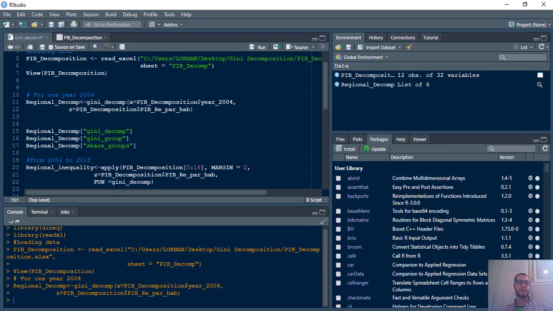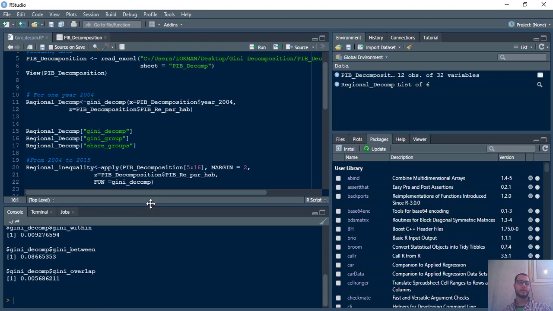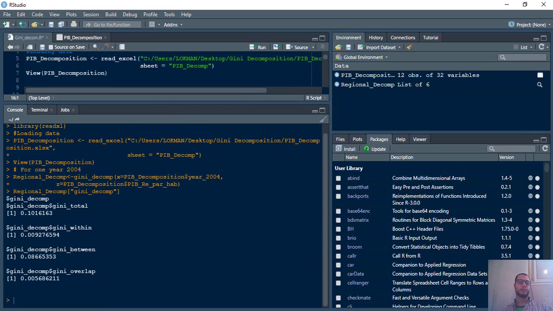So to see the results, this is the result for 2004. We have the Gini decomposition. This is the total Gini, and the within effect, and the between effect here, and the overlap, the interaction effect.